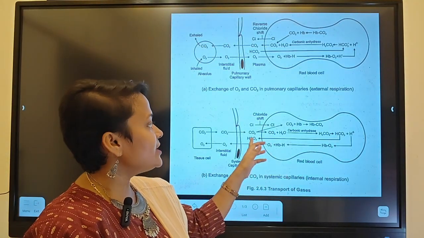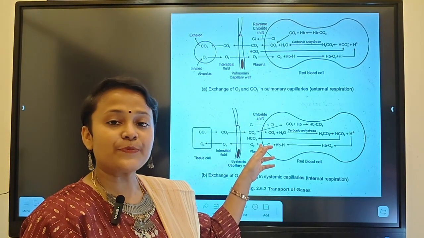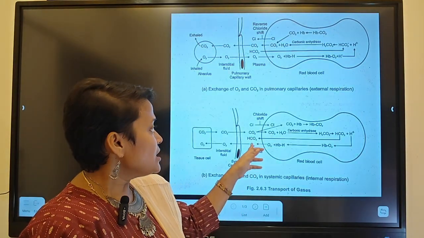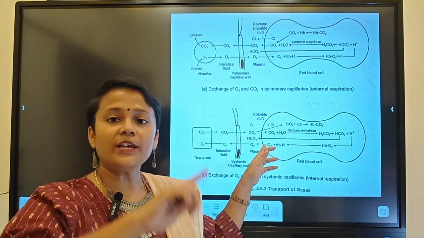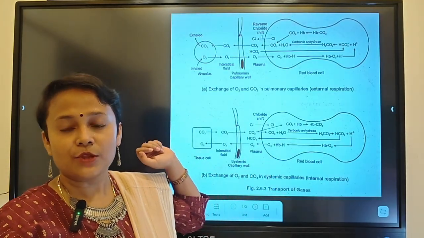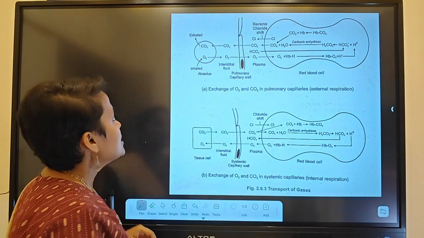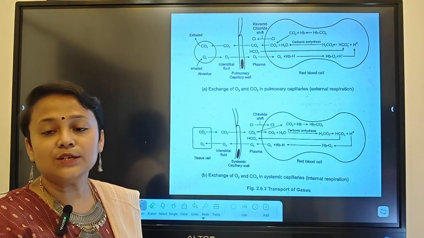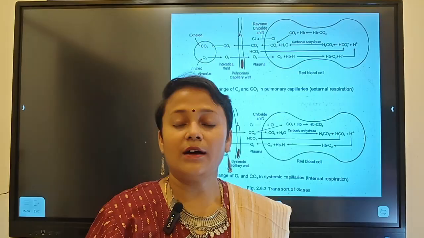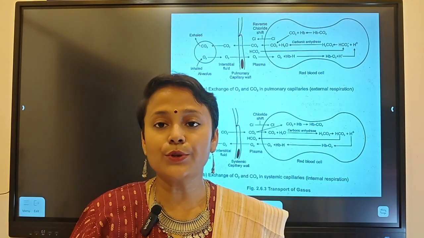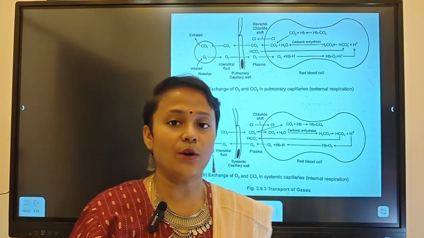Now bicarbonate, where is it present? It is present in the plasma, right? Now when this bicarbonate comes to the lungs by circulation, what will be the fate? In the lungs, we know that oxygen will bind with hemoglobin to make the oxyhemoglobin complex.